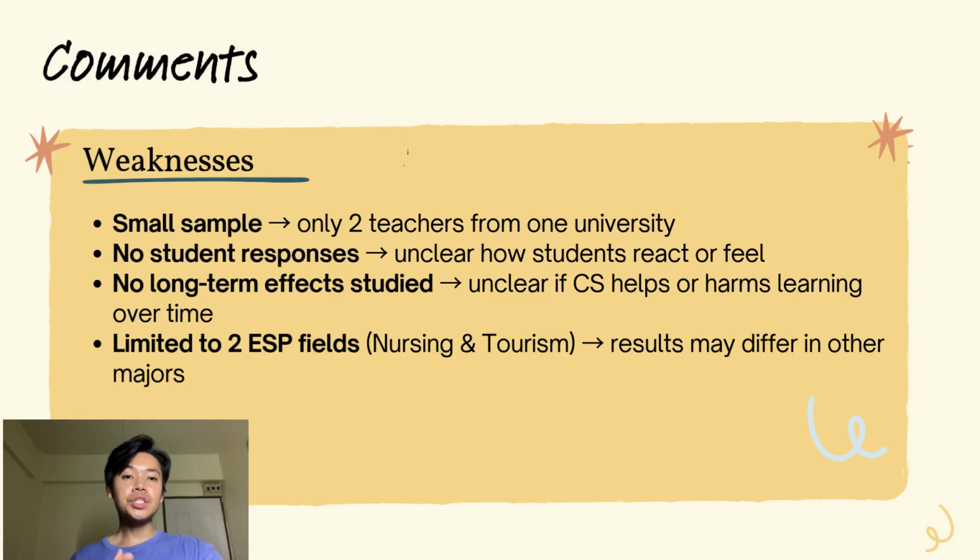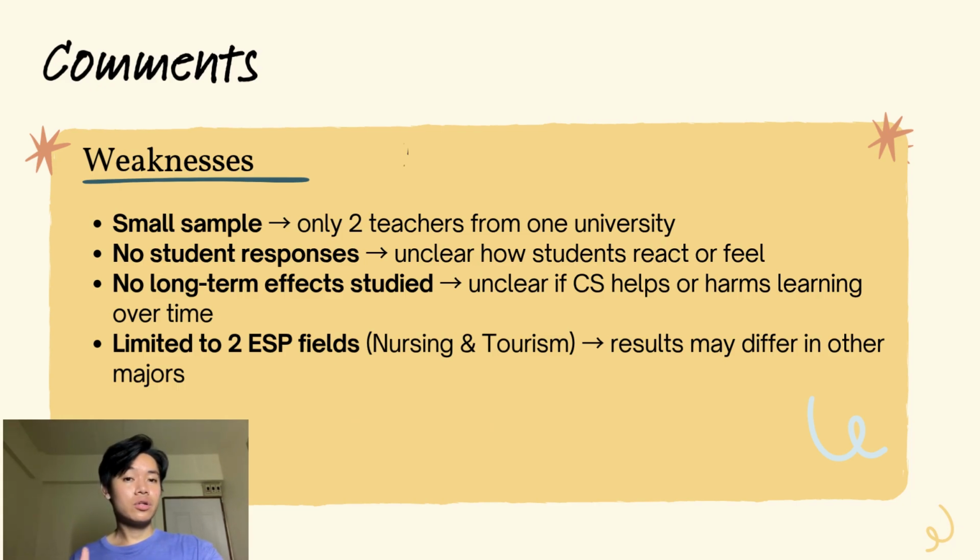Second, the research only focused on teachers' code switching, not on student responses. We do not know how students code switch themselves or how they feel when the teacher switches to Thai. Maybe some students find it helpful, but others might prefer hearing more English. Third, the study did not explore the long-term effects of code switching. For example, does it help students learn English better over time, or does it make them depend too much on Thai?